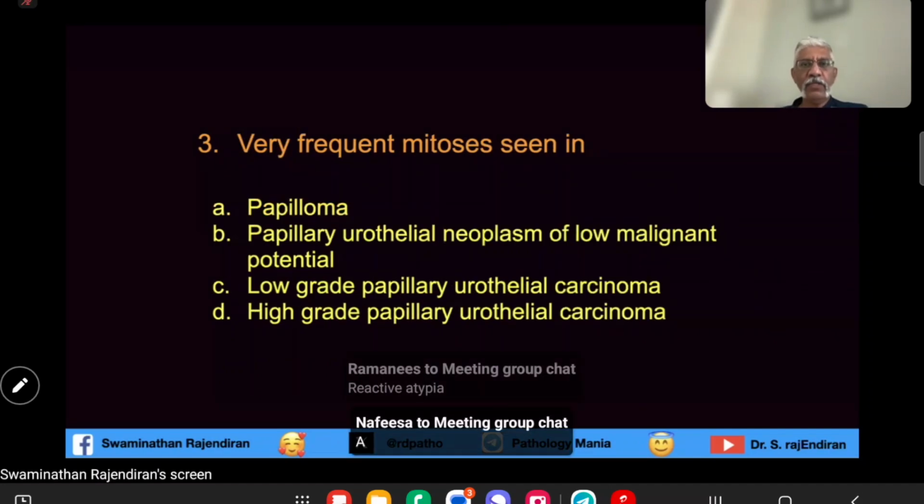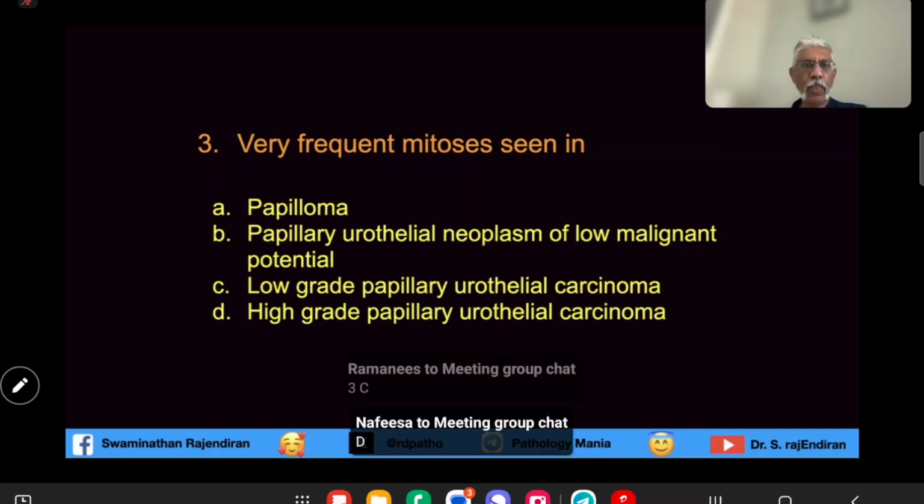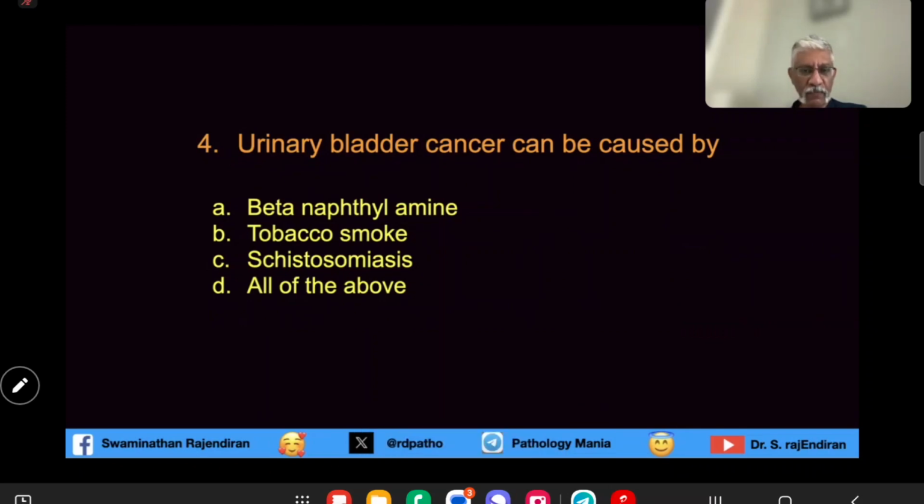Very frequent mitosis is seen in papilloma, papillary urothelial neoplasm of low malignant potential, low-grade papillary urothelial carcinoma, and high-grade papillary urothelial carcinoma. Urinary bladder cancer can be caused by beta-naphthylamine, tobacco smoking, schistosomiasis, all of the above.